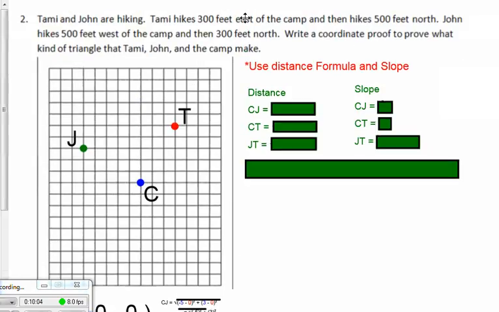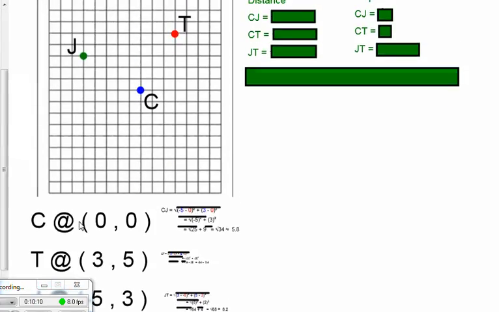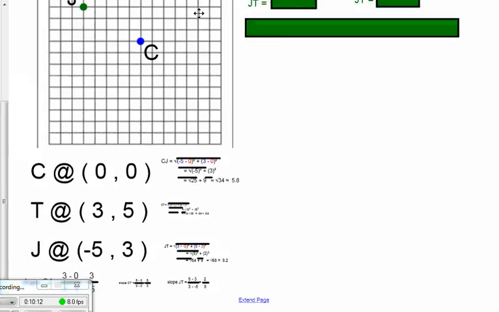Right? 300 feet east and 500 north. Same thing, John went 500 west, so this direction, 1, 2, 3, 4, 500 feet west, and up 1, 2, 300 feet north. Now, if you wanted, you could write these in as 300, 500, negative 500, 300.